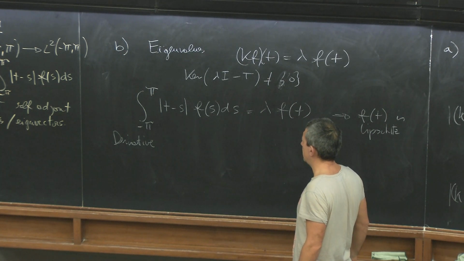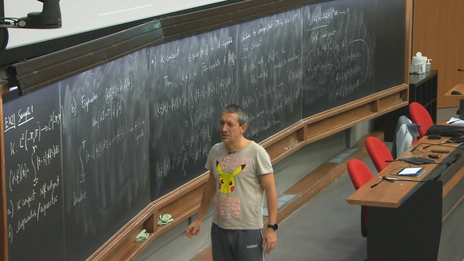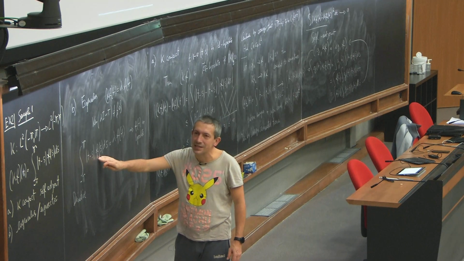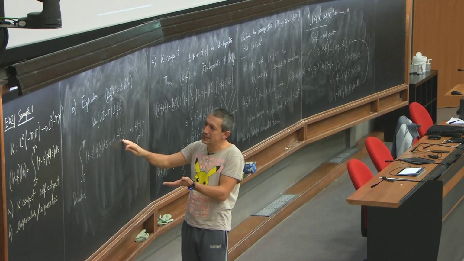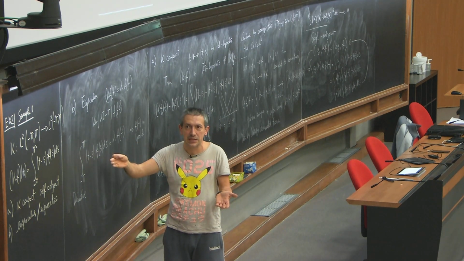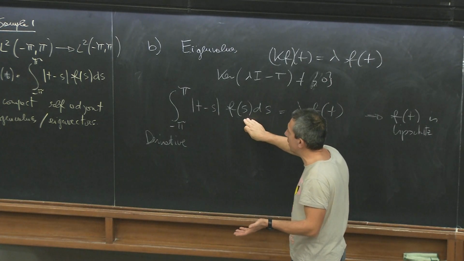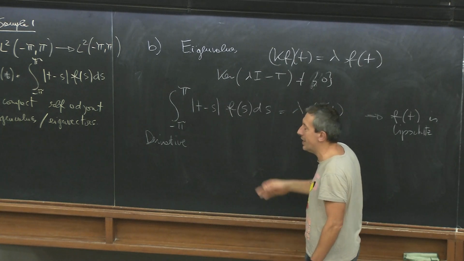The integral of a continuous function is always differentiable, a C1 function. Yeah, but wait a minute. You don't know yet that this, okay, if you want, it is the second step. Once it's Lipschitz, you put it inside this, and then you can differentiate twice. But so far, this is just an L2 function, so I don't know why it should be integrable almost everywhere.